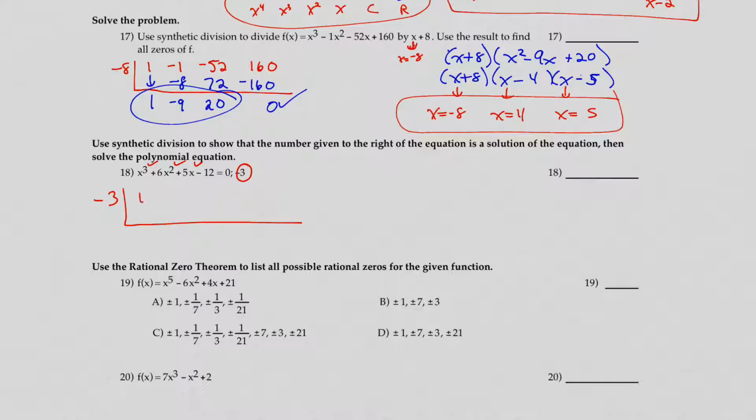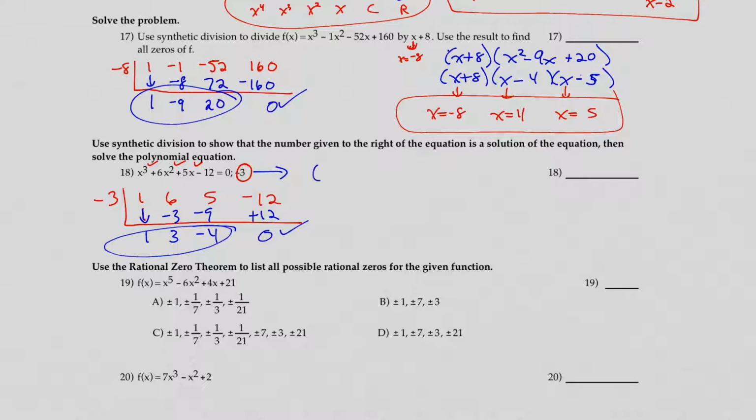Nothing's missing. Go ahead and put these in here. Just 3, negative 9, negative 4, positive 12, so that's 0. So there's our remaining polynomial.